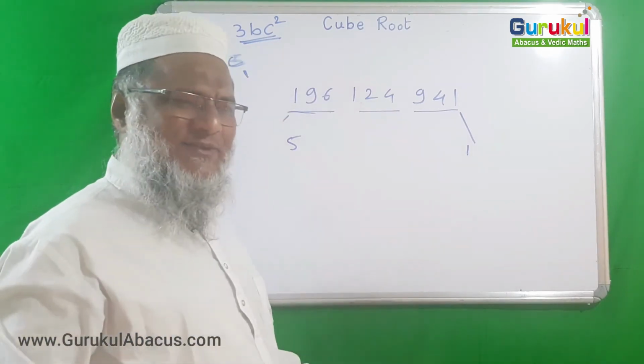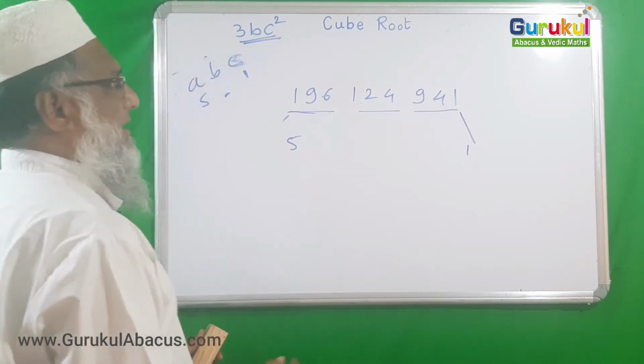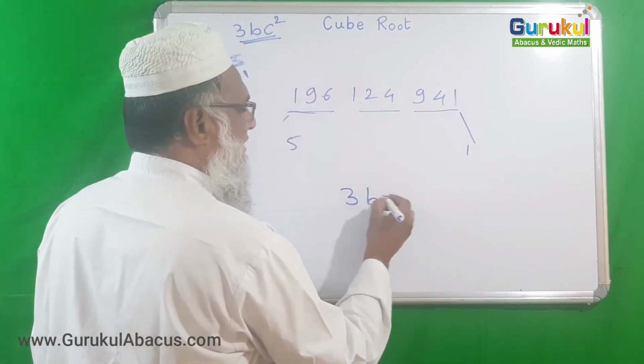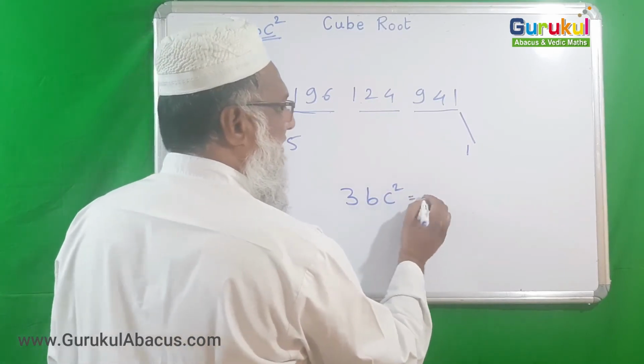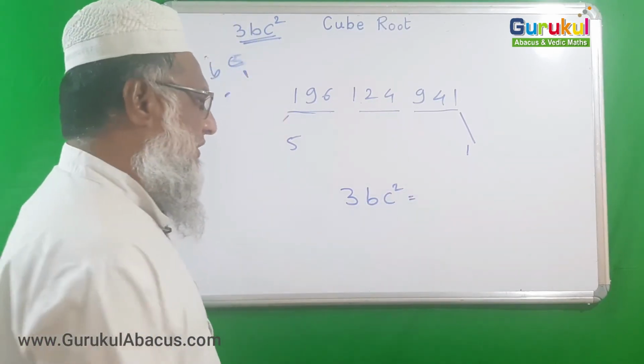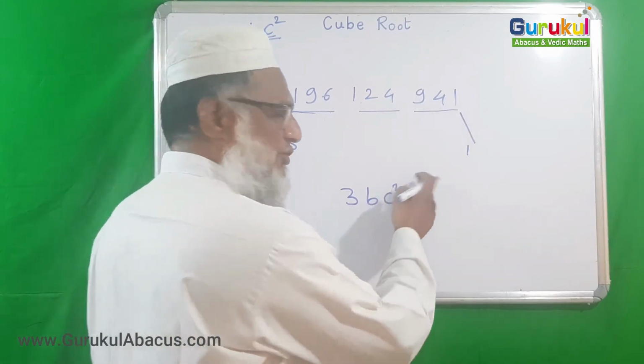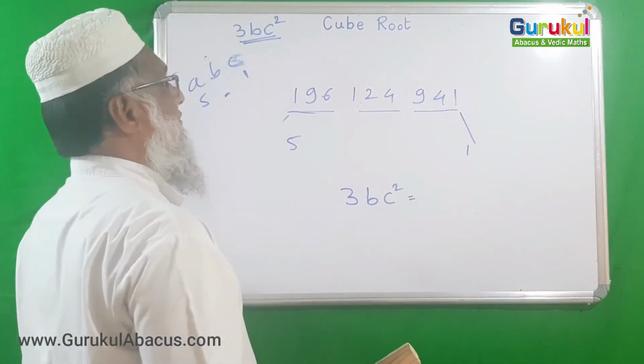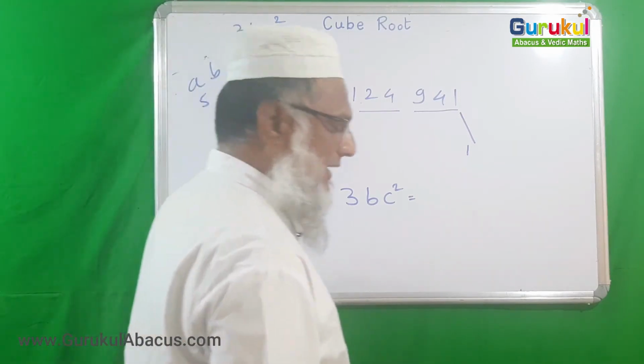So now we are taking our formula, 3b square c, 3b c square. Now here, what to do to solve the example?